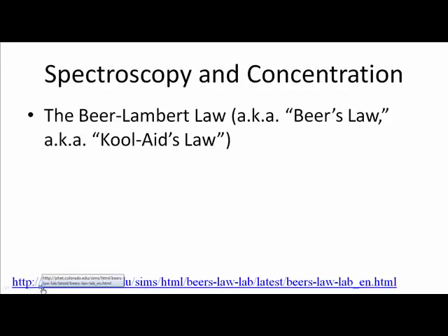Okay, the Beer-Lambert law. You guys did sort of one of these a little bit when you did the light transmittance. Later on in the year, you're going to look at it in a different way. It's called the Beer-Lambert law, and this is if a substance absorbs UV light, that's UV or visible light.